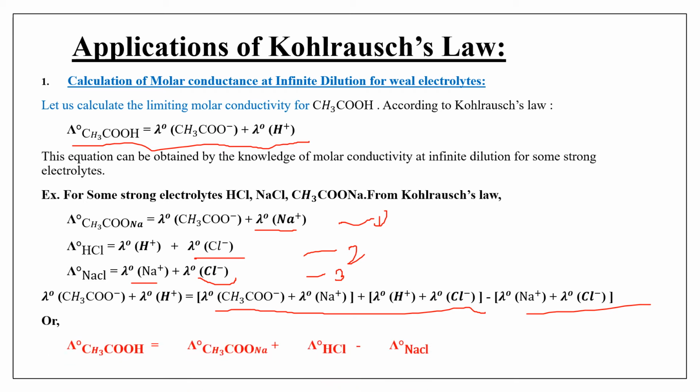After rearranging, on adding two equations and subtracting one equation from those two, we will get that lambda naught for acetic acid comes to be lambda naught of sodium acetate, CH3COONa, plus lambda naught of HCl minus lambda naught of NaCl.